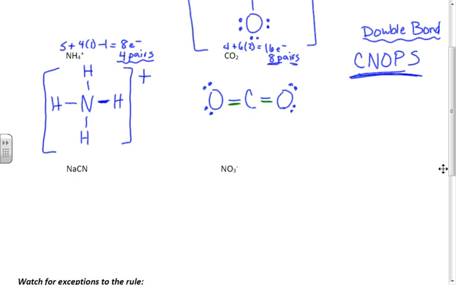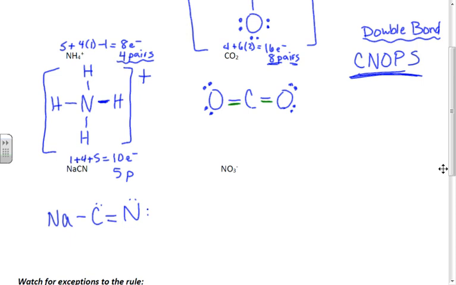The next couple here, I'm just going to show you real quick. You have 1 plus 4 plus 5 for a total of 10, or 5 pairs. Since there's just one of each, you just connect them in order. If you fill up your lone pairs of electrons that you need, it would look like this. And if you counted them, you would have way too many. So we're going to take a pair from carbon and a pair from nitrogen, and we're going to share those.